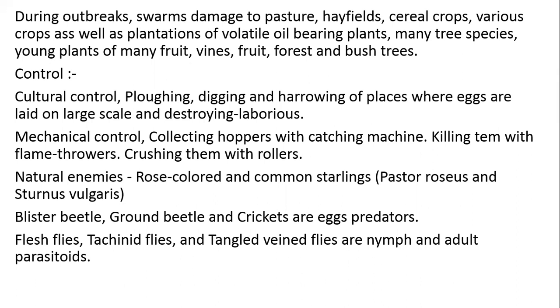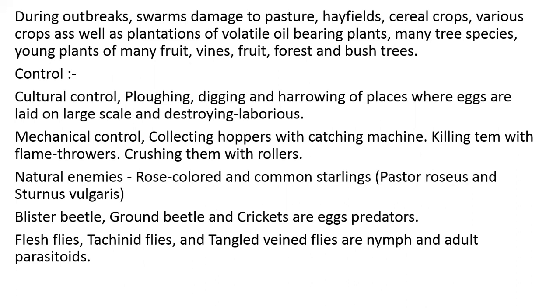Control. Cultural control: plugging, digging, and harrowing of places where eggs are laid on large scale, and destroying is laborious. Mechanical control: collecting hoppers with catching machines, killing them with flamethrowers, crushing them with rollers.